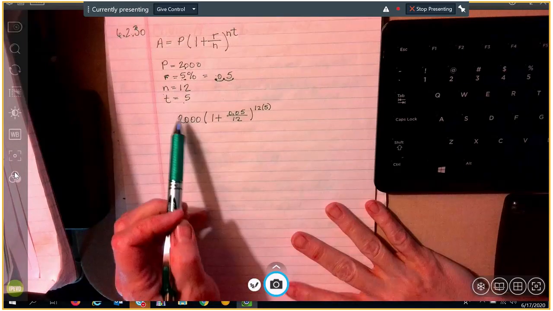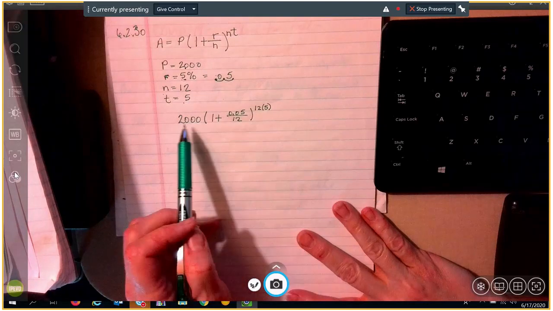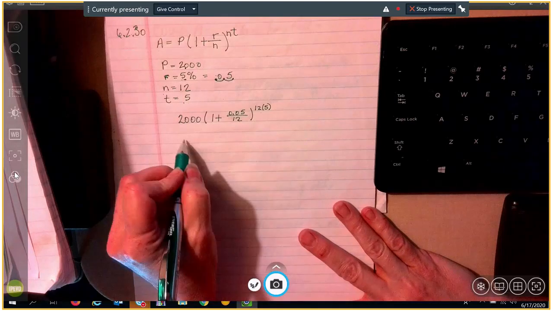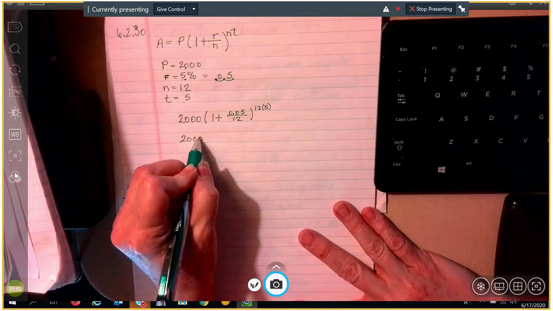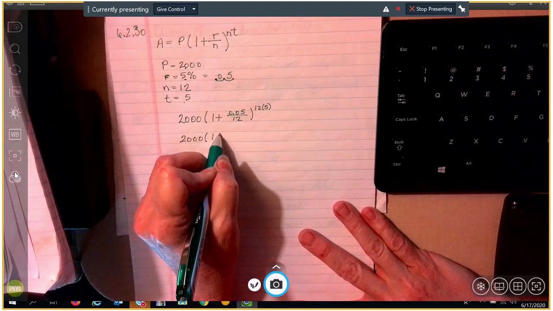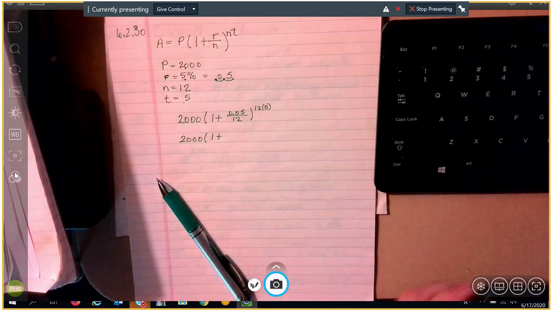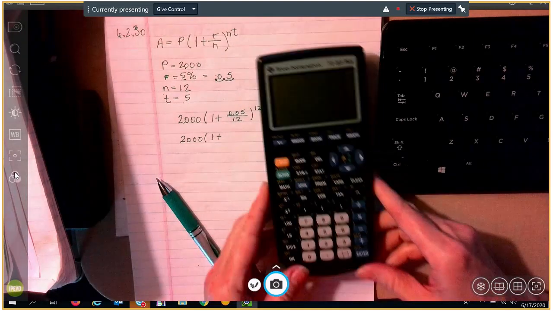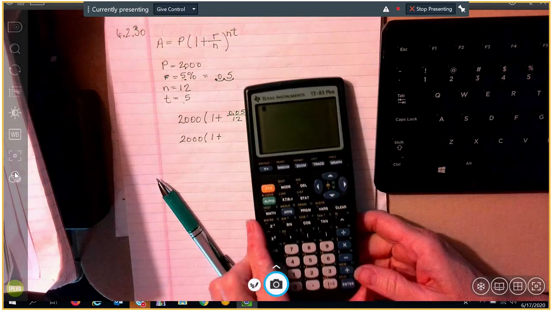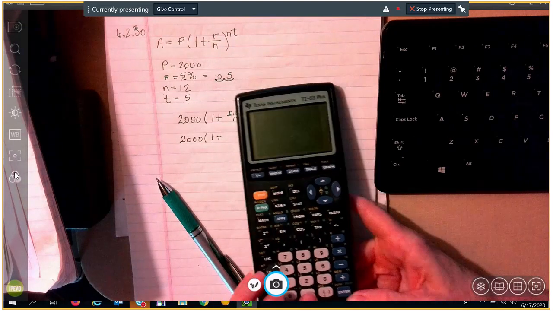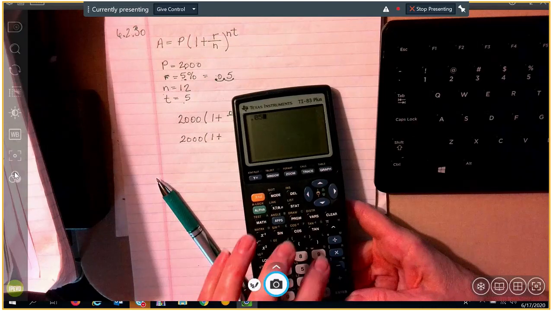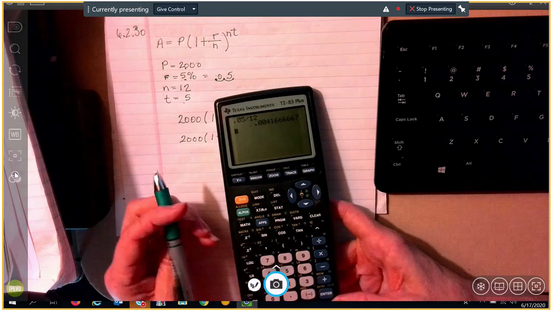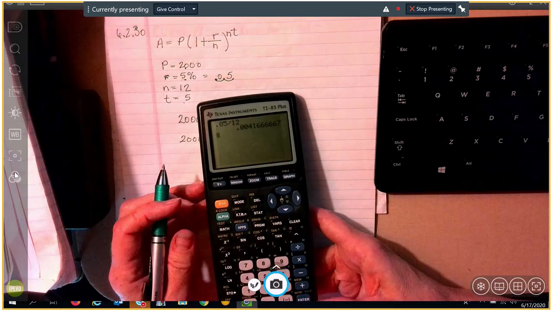So do things just slowly. Even though we have PEMDAS and it tells us to do our parentheses first, let's go ahead and clear up a few things if we can. So I'm going to do 2,000, 1 plus, and on our calculators, if I do 0.05 divided by 12, then I get 0.004166667.